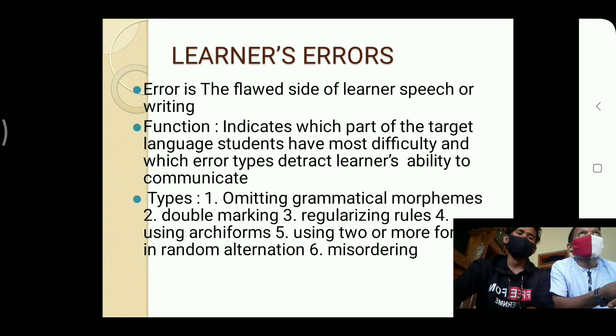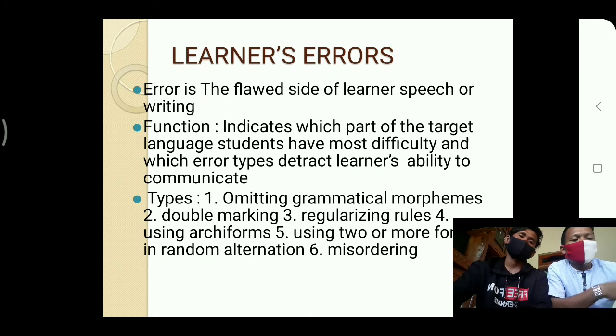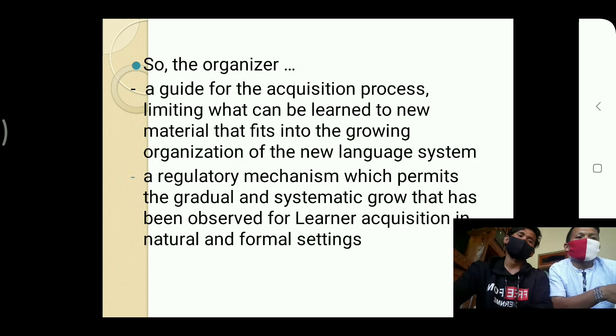The first is omitting grammatical morphemes, the second is double marking, the third is regularizing rules, the fourth is using archi-forms, the fifth is using two or more forms in random alternation, and the last is misordering.